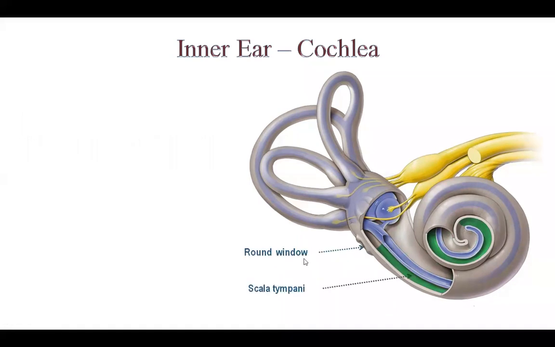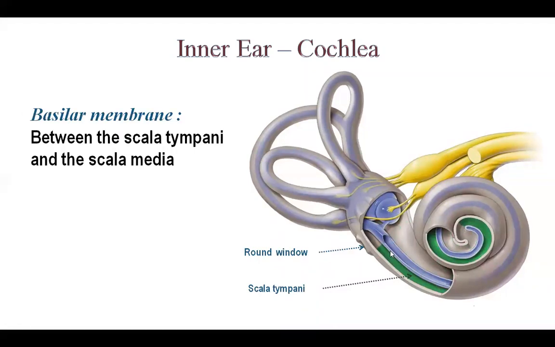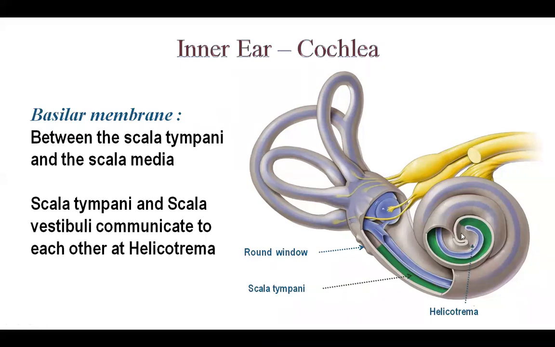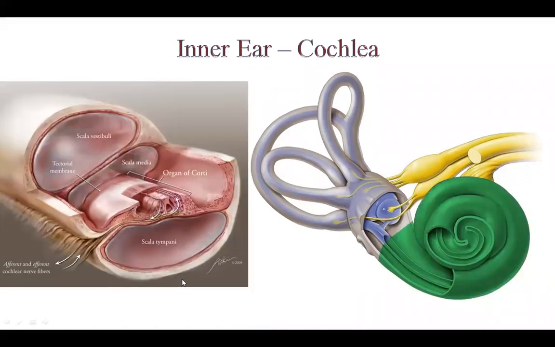Now scala tympani is associated with round window. The basilar membrane separates scala tympani from scala media. Both the scala tympani and scala vestibuli communicate with each other at one point that is known as helicotrema. So this is the junction where tympani and vestibuli communicate with each other.